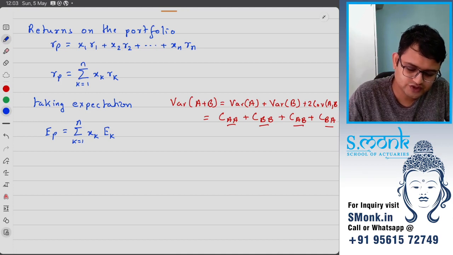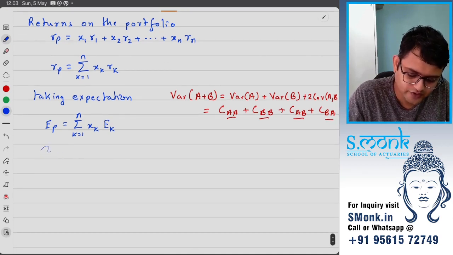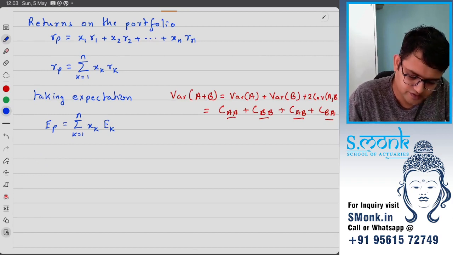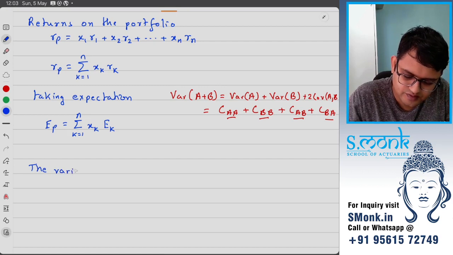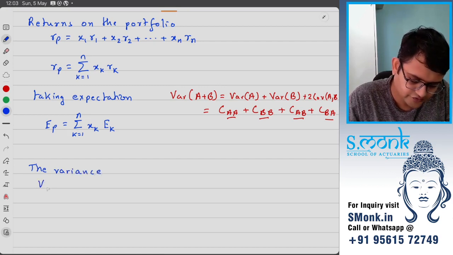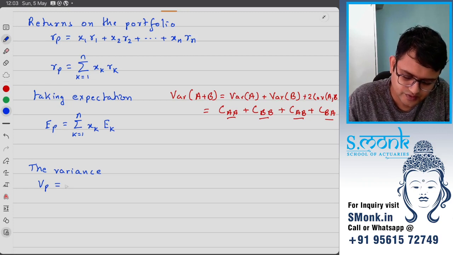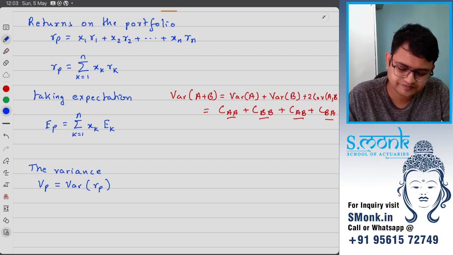So we are going to use the same. We are going to say that the variance V for portfolio, I'll just write it as VP, will be equal to the variance of returns on the portfolio RP.